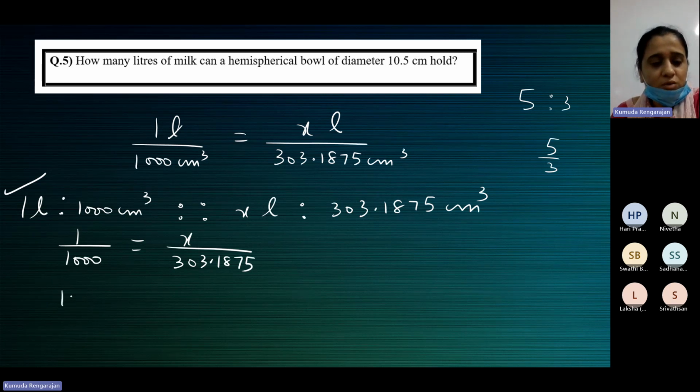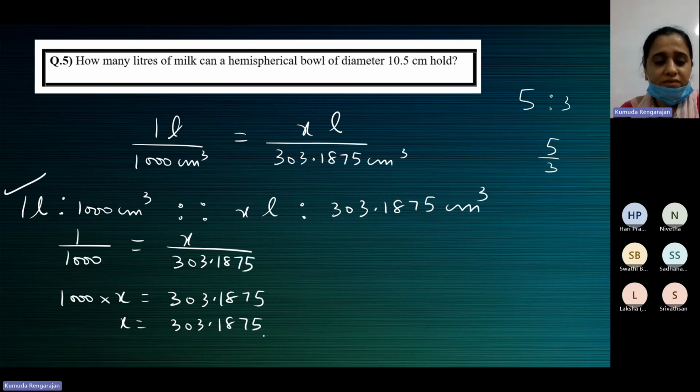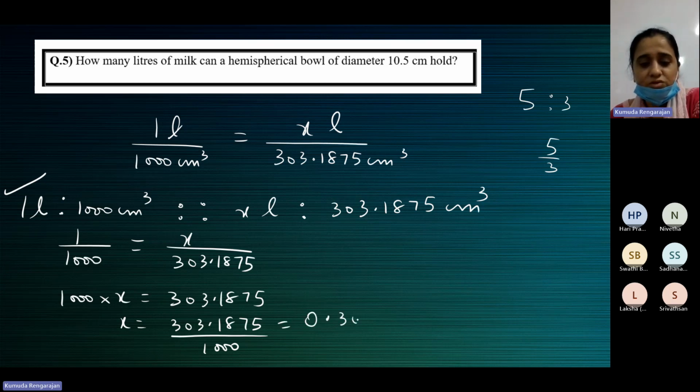So what do you get? 1000 into x is equal to 303.1875. So x is equal to 303.1875 divided by 1000. So that will be equal to 0.3031875 centimeter cubed. Oh, sorry, liters.